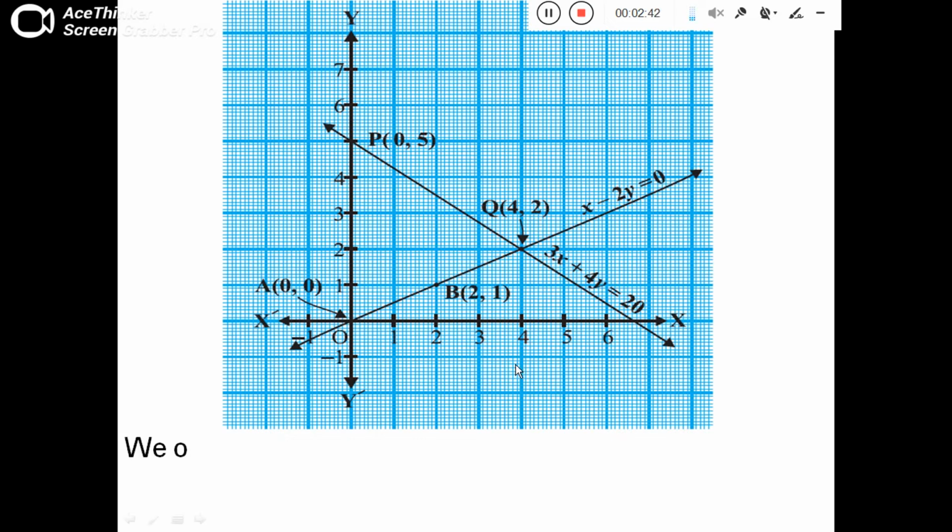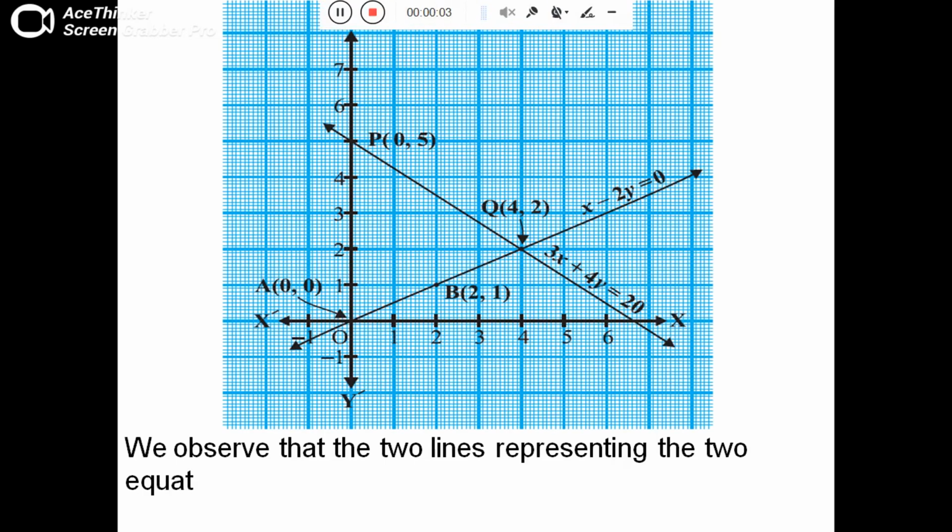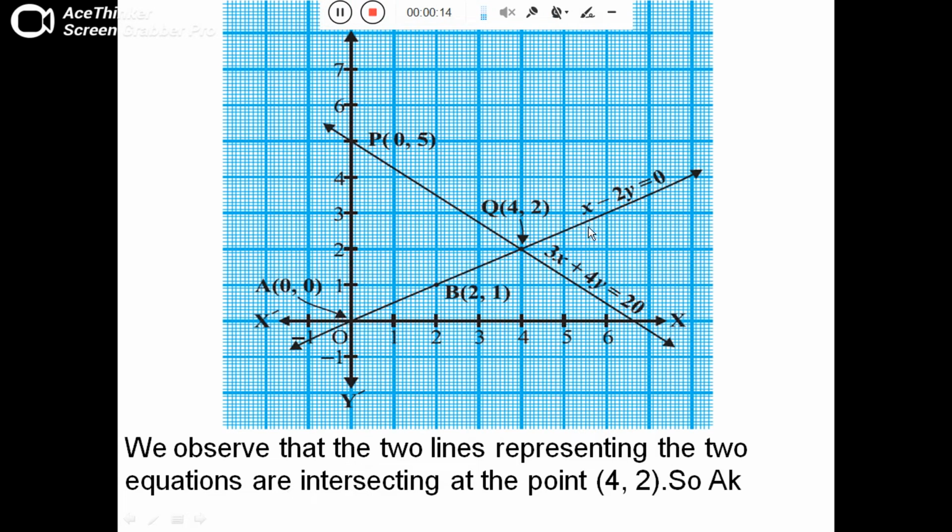Understood, children? Now we observe that the 2 linear equations are intersecting at the point (4, 2).